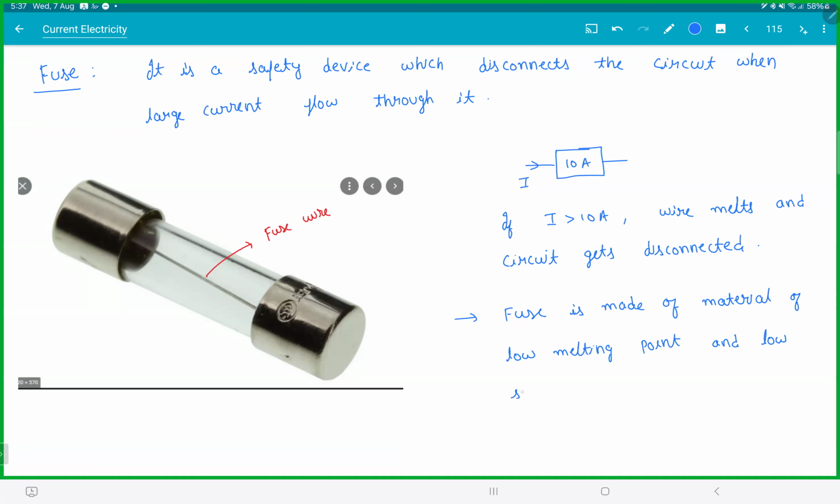You want the temperature to increase pretty fast and reach the melting point pretty fast because you want it to get disconnected when there's a large current. So when the current exceeds a certain value, I squared R, the heat produced will raise the temperature. So that's about a fuse.